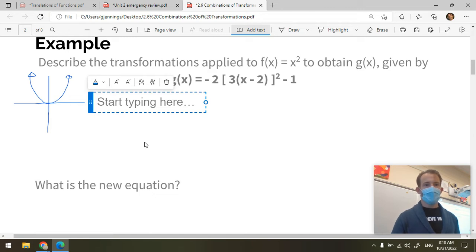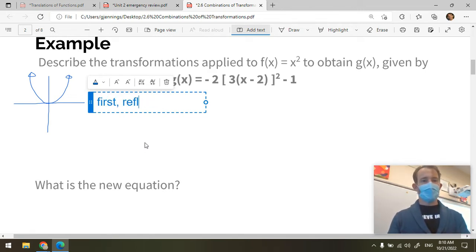All right. So the first transformations that you're ever going to apply when transforming functions start with the multiplicative ones, the ones that operate by multiplying inputs or outputs. Those are your A transformations and your K transformations. Visually, those are stretches and reflections. So I notice that g of x has minus 2 in front. That's an A transformation. So we could say first reflect in the x-axis or y-axis.